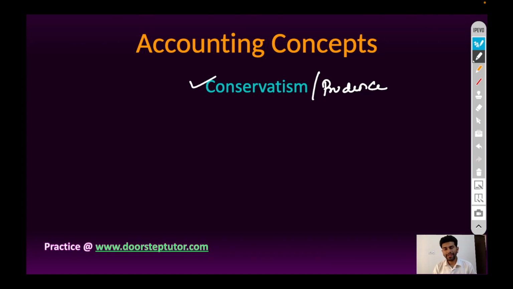Hence, it encourages creating secret reserves by making provisions to prevent future losses. This policy is asking the accountant to play safe while recording transactions. One example of conservatism is recording of closing stock at cost price or market price, whichever is lower. It helps to reduce income and understate the assets.